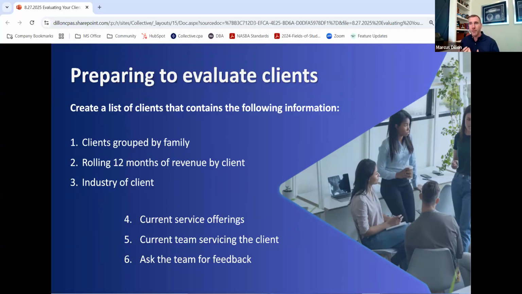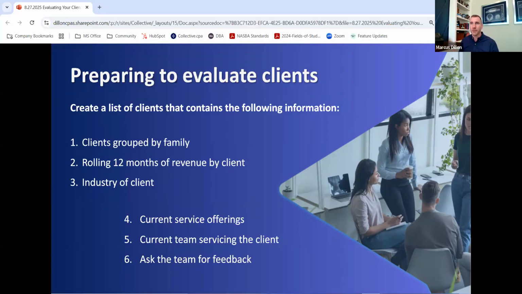That first point, which we have found important over our evaluations, is grouping clients by family. And family could be whatever you want it to be. Sometimes for us at DBA, it's a larger business or a family of investments that's owned by a group of folks, and then all the returns, all the work attached to them. You could also consider a family a referral source.